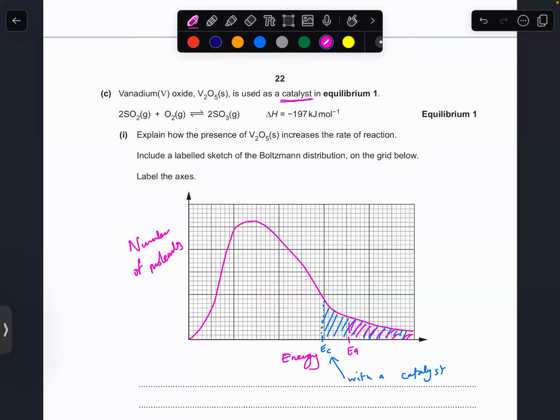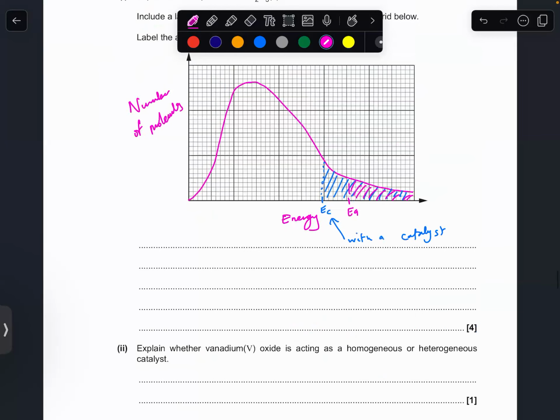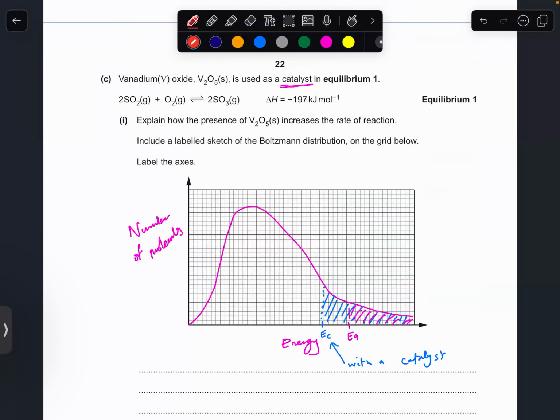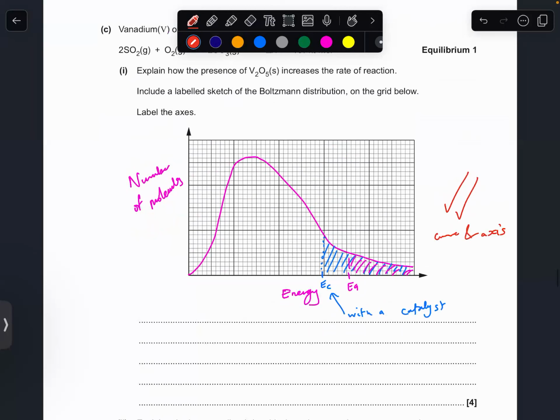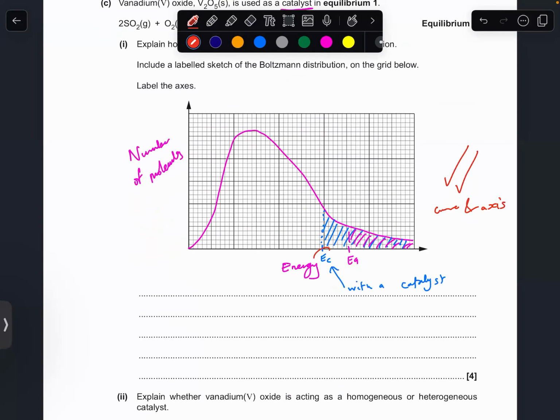So where are the 4 marks from? One mark for the curve, 1 mark for the axis labeling, and yep, the EC shown towards the left. You get a mark for that as the 3rd mark.